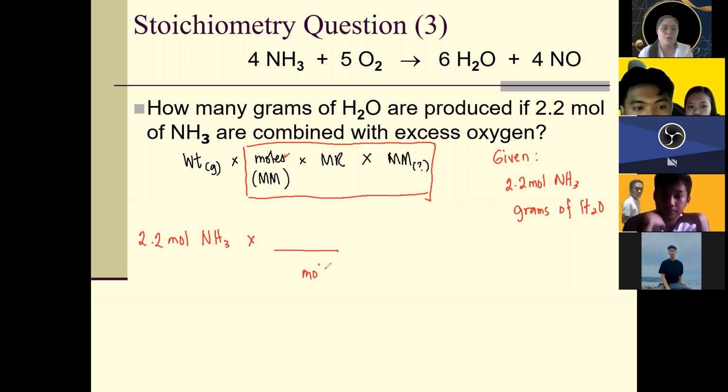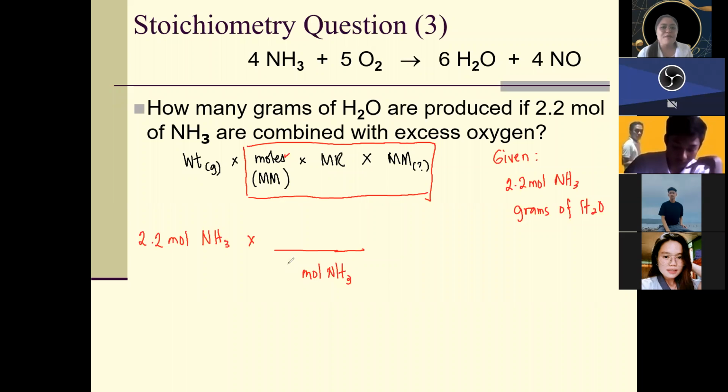Below, of course, this one is moles of ammonia here. Sorry, it was covered. There. 4 moles of ammonia, and then 6 moles of water. And then, we are not yet done, right?